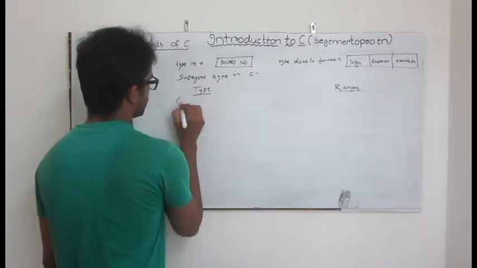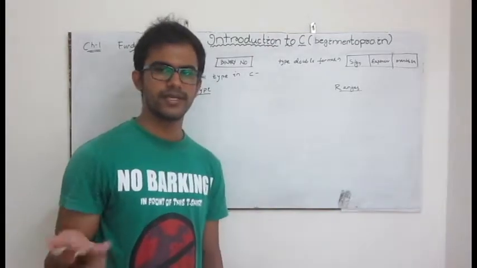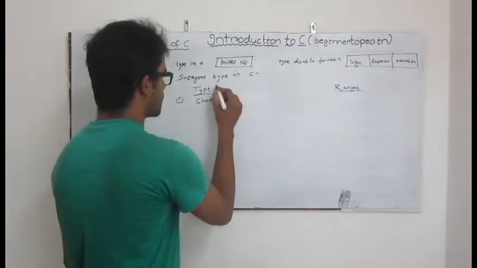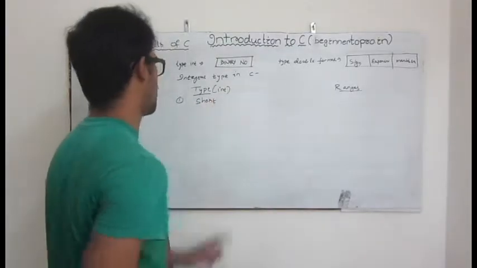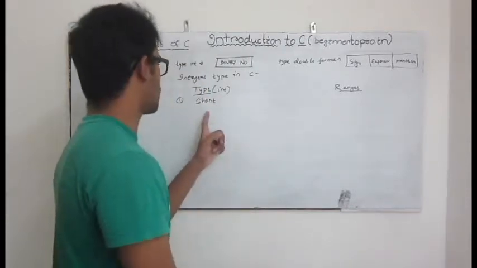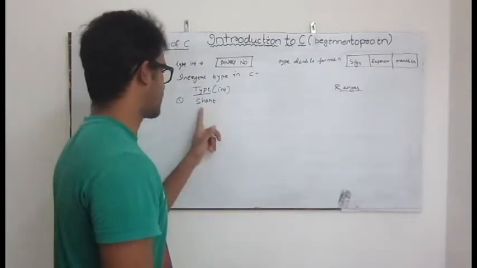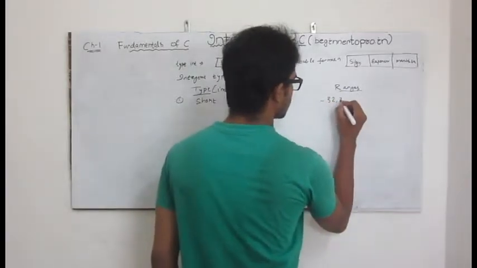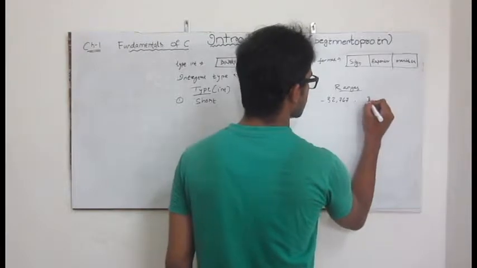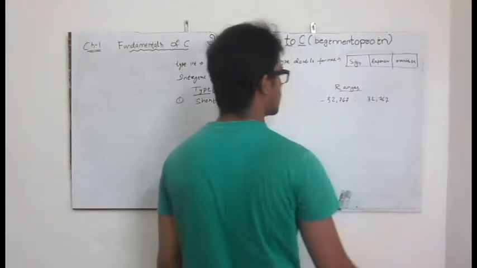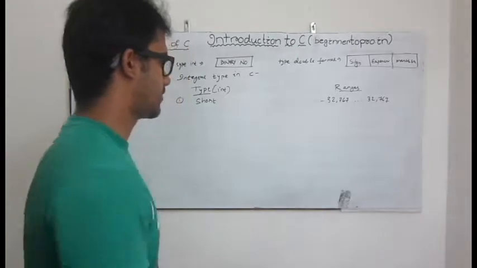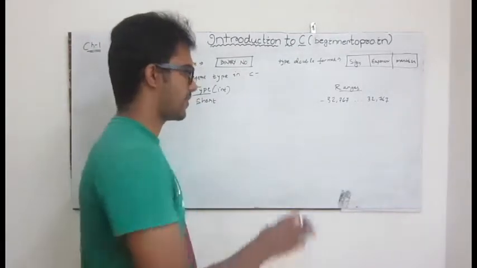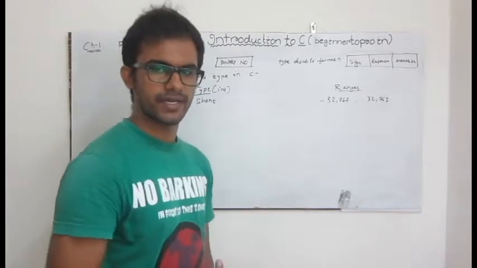For the first one, it is normal short int type. The type of integer is short. The values are minus 32,768 to 32,767. It will not be required in the C program. Just to make you understand, I'm writing this because this is asked in the interviews also.